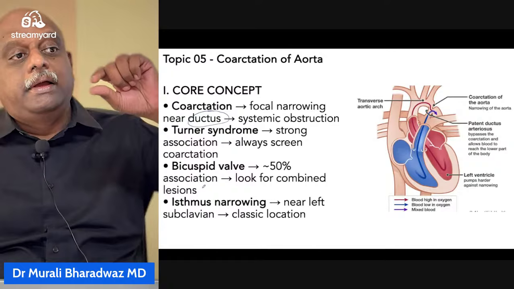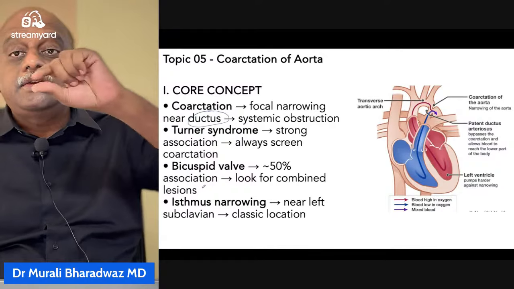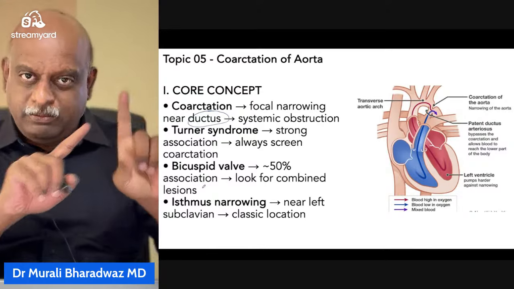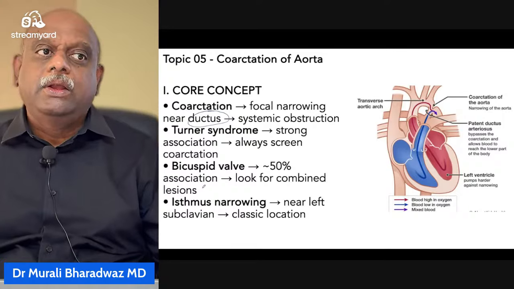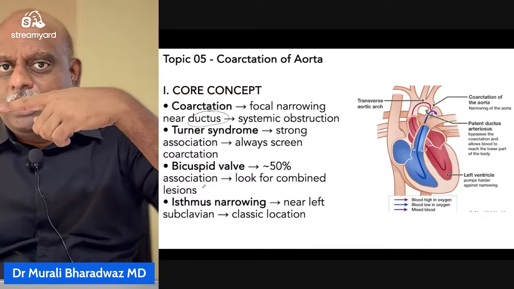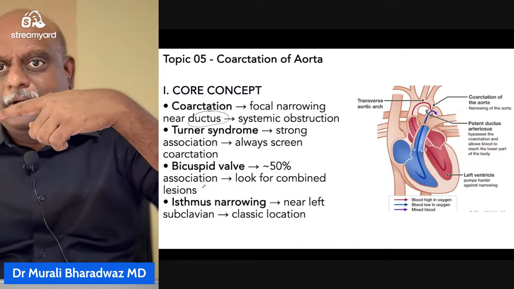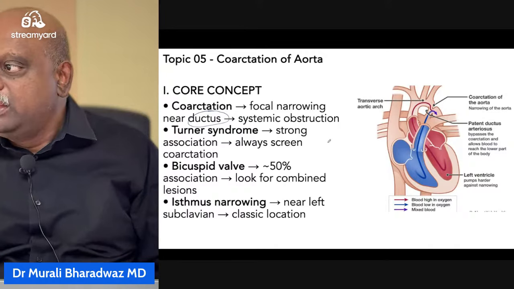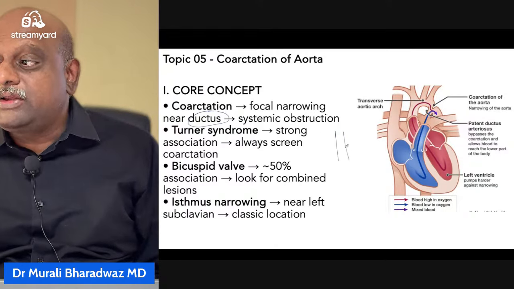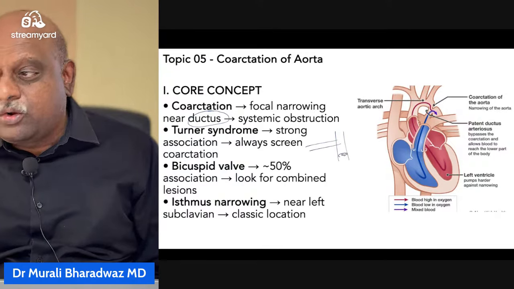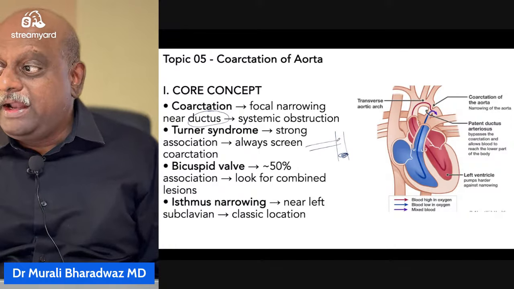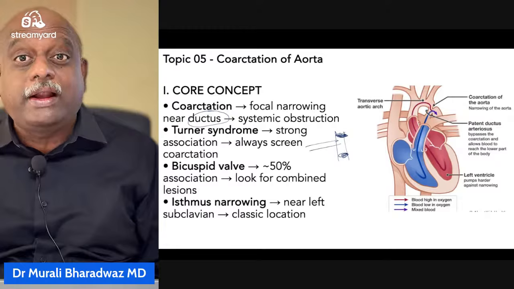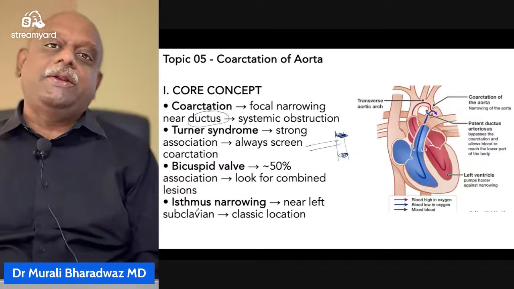There is the ductus arteriosus, which is connecting the aorta with the pulmonary artery. So after the ductus got connected, following that, there can be narrowing of the descending aorta. That is called post-ductal coarctation. And if it occurs before the ductus, that is called preductal coarctation, is what you need to remember.